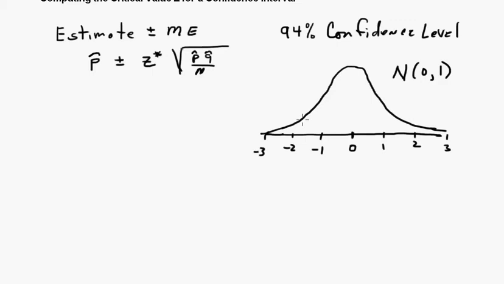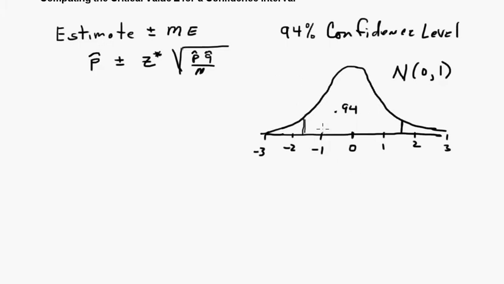So, 94 is going to be somewhere in here. I don't quite know where, but it's going to be close to 2. Okay, so this is going to be 0.94 of the area. The area under the curve is 1.